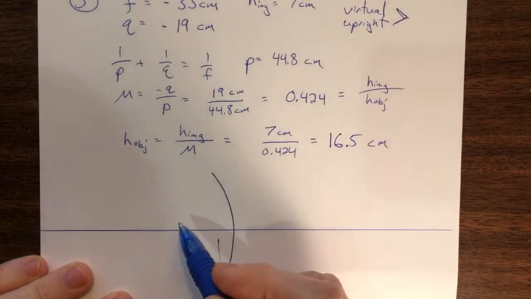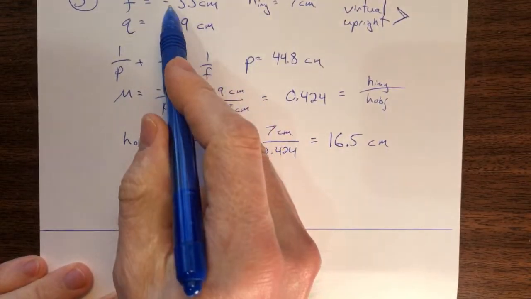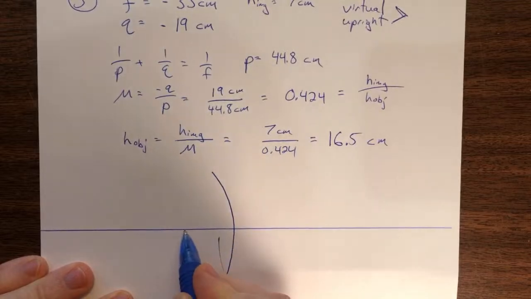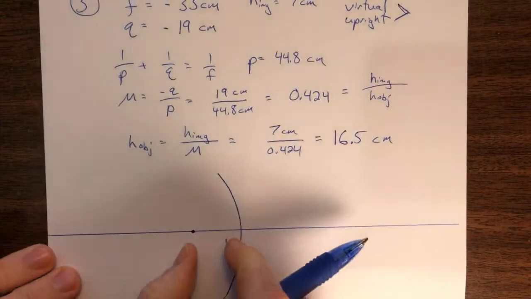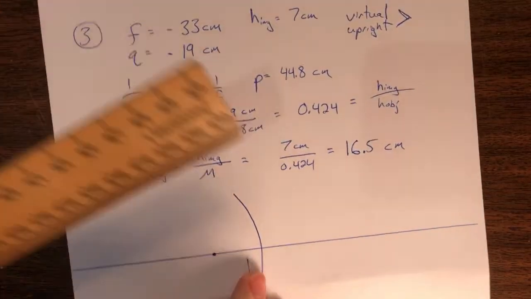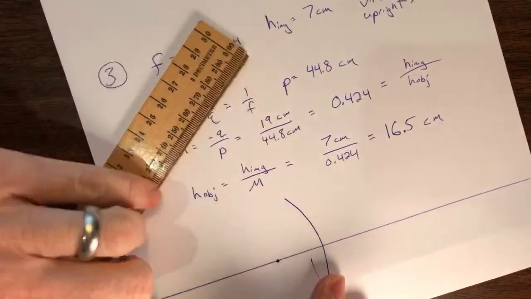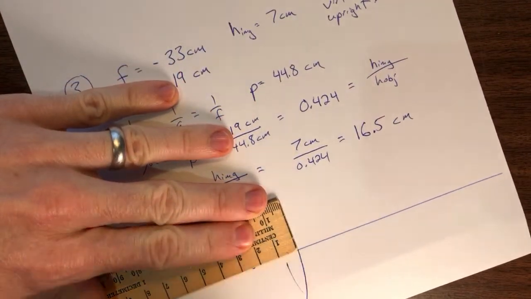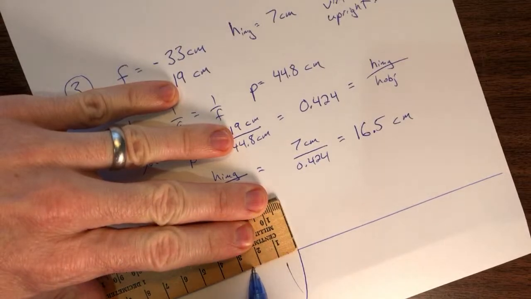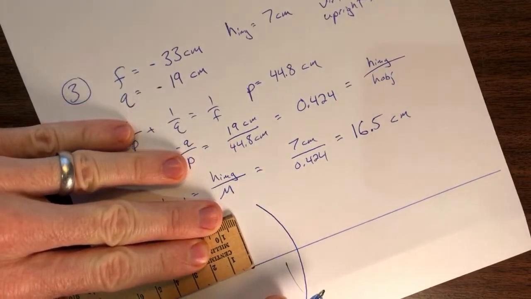All right? So we have F is negative 33, and let's just go ahead and make this F. That's going to be 33. Actually, I've been estimating. We can actually kind of measure it. That's like 2 points. It's like right there. All right, and then here's going to be my center.